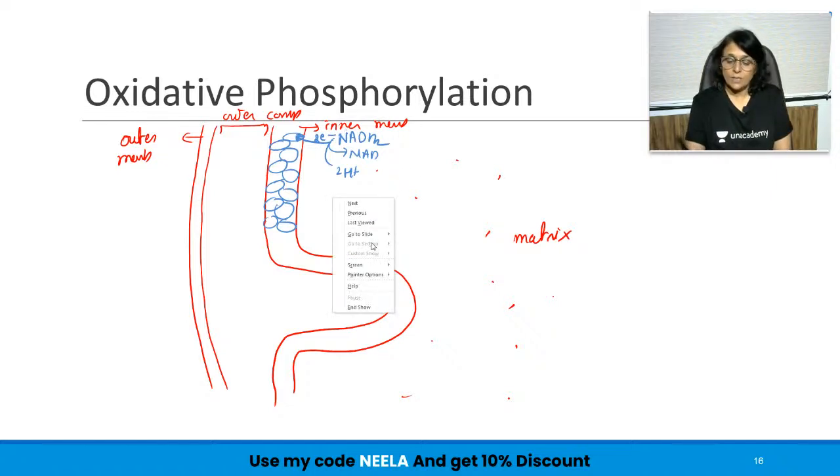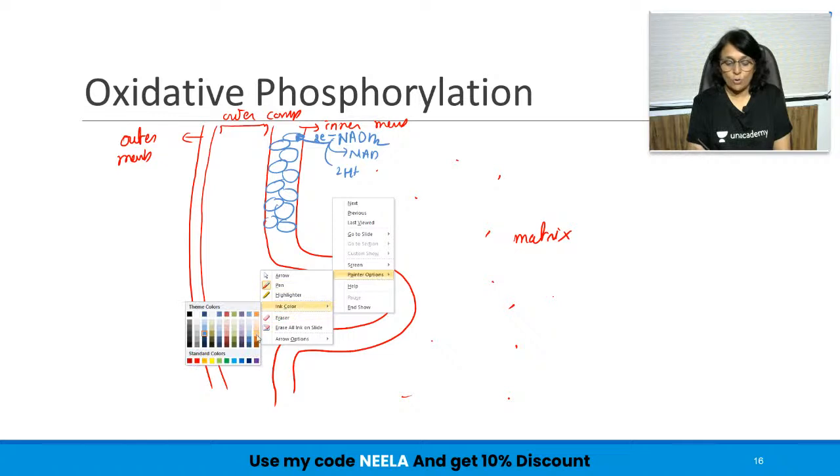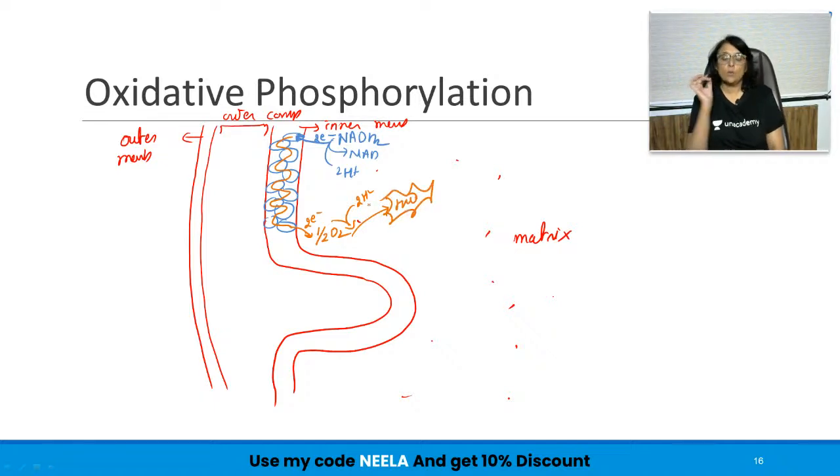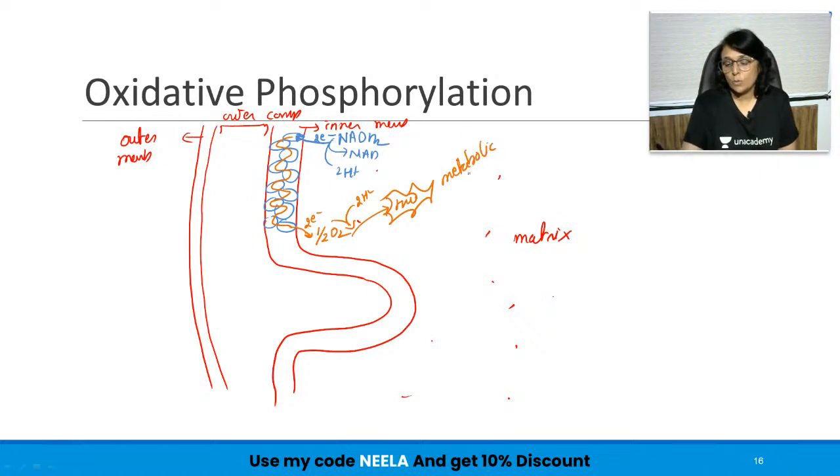Now this electron goes down the gradient. It passes through all these electron acceptors, and finally this electron pair has gone to O2. This O2 also takes a pair of protons and changes into water. This is the metabolic water which is formed. We call it metabolic water.